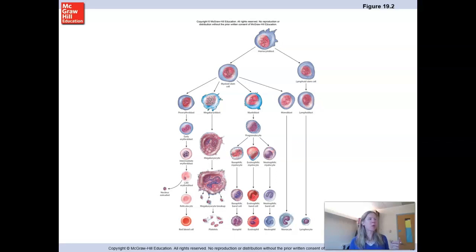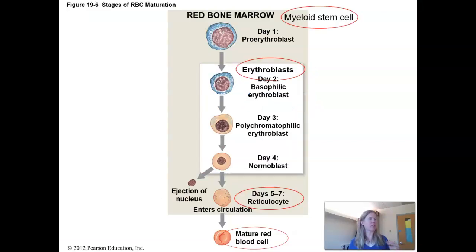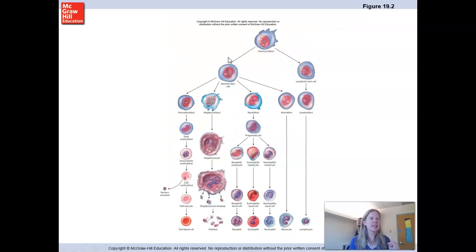And so what this image is trying to show you is how red blood cells are formed. And so I'm going to zoom in here a little bit. This is an image from a different text, but it gets to the same idea. So one thing that is key, flipping back, is that when blood cells are forming, you have a stem cell, right?